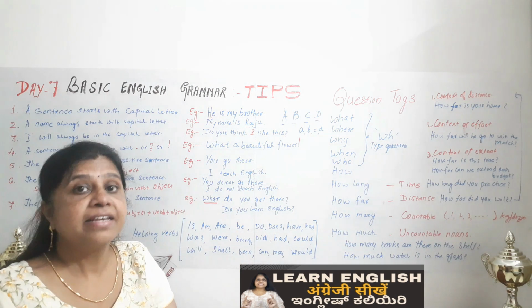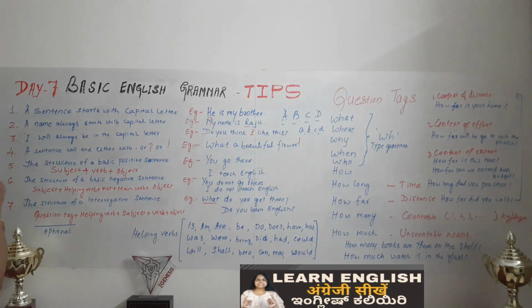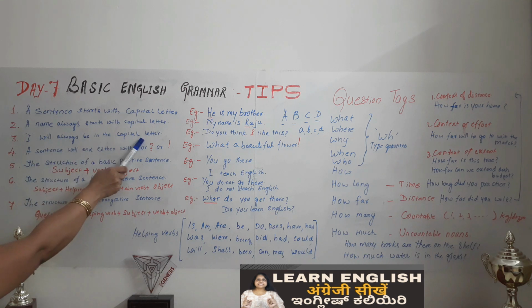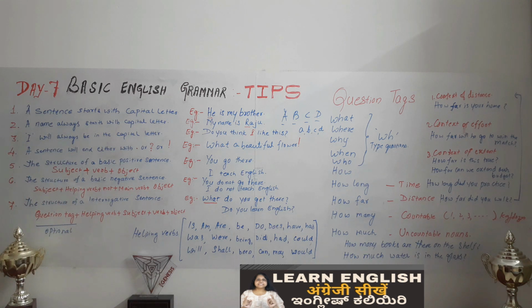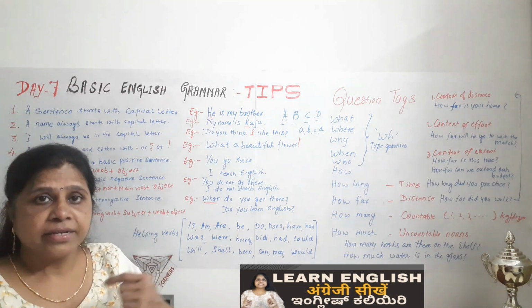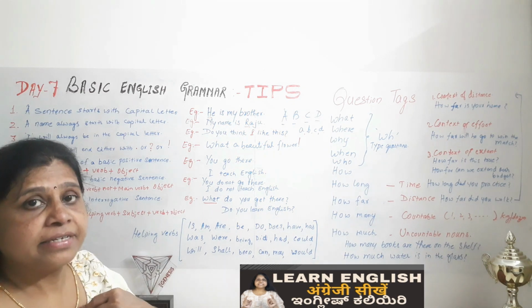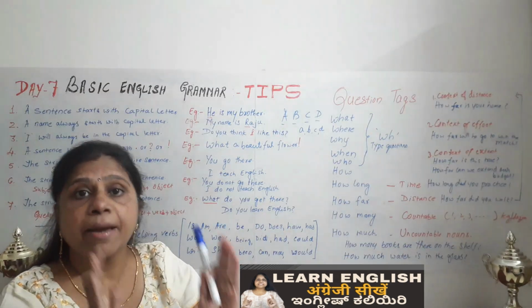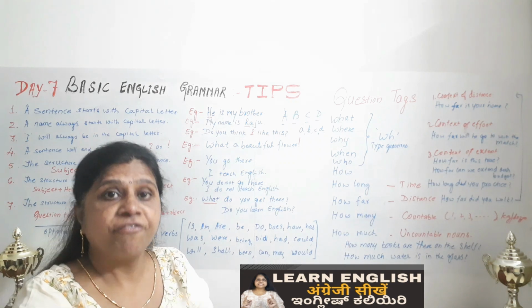These are 2 points and the 2 tips. Next, see the third tip. Third tip, I will always be the capital letter I. The letter I, the first person singular, will always be a capital letter every time.